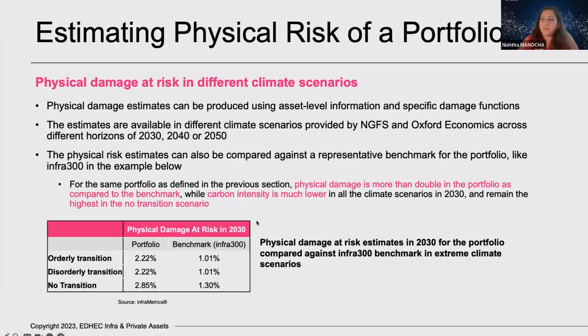For example, the same portfolio in different climate scenarios has these percentages of damages: 2.22% under an orderly transition, similar under disorderly transition, and 2.85% under no transition. The benchmark here is about 1%, 1%, and 1.3%. This means our portfolio is more exposed to physical risk than Infra 300.